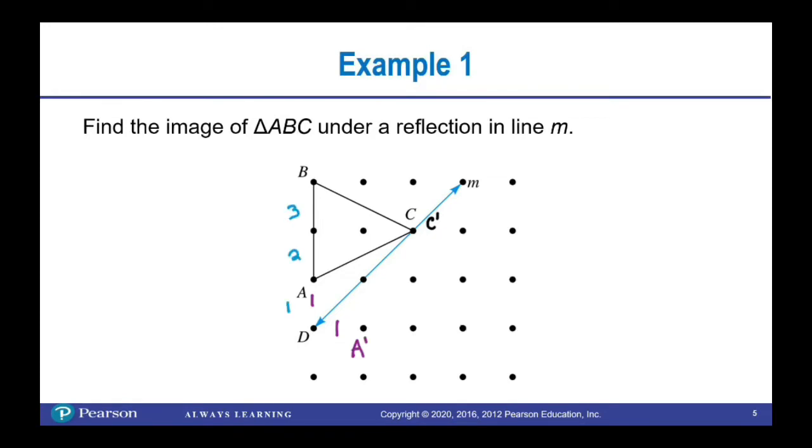Think about B. B is 3 away from D, and when I reflect B across M, B is still 3 spaces away from D. Connect your new points to make your triangle.